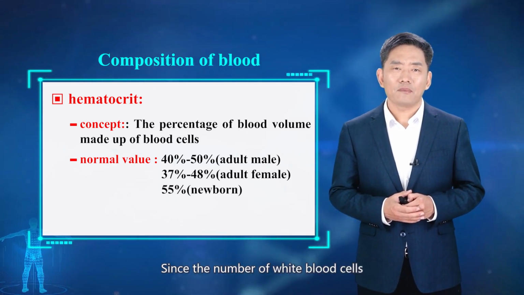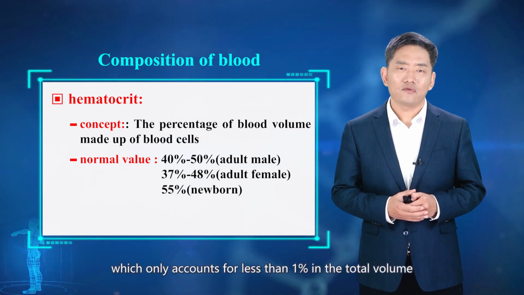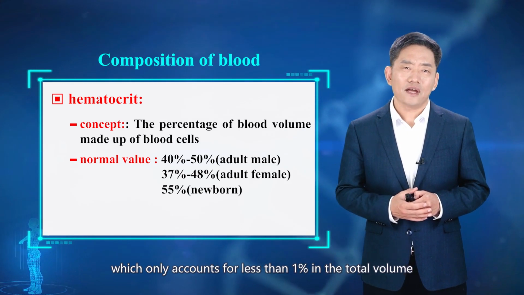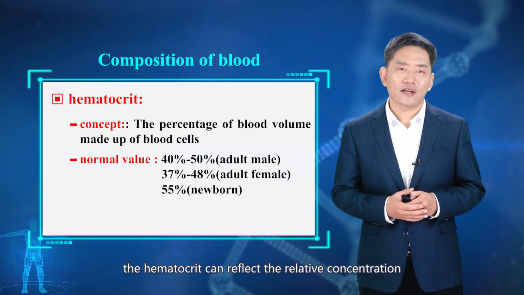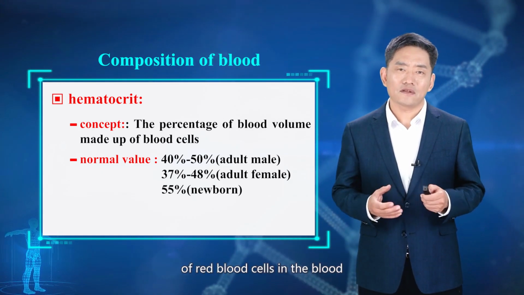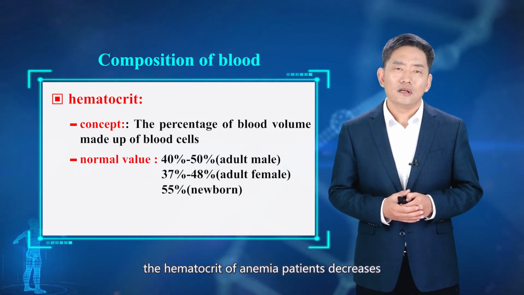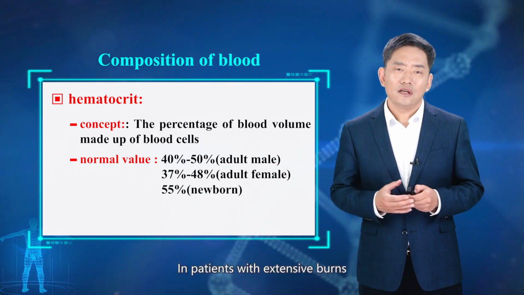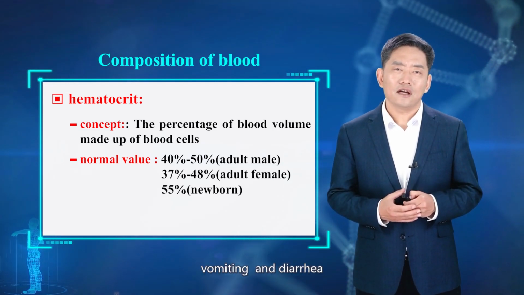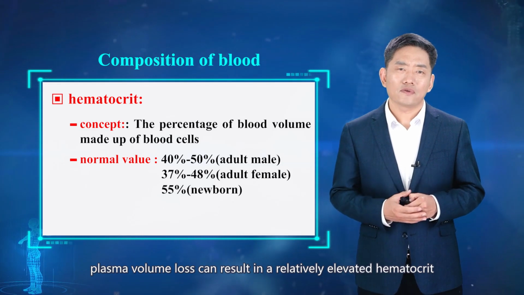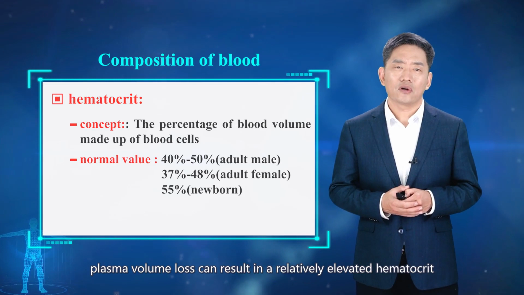Since the number of white blood cells and platelets in blood is very low, accounting for less than 1% of the total volume, the hematocrit can reflect the relative concentration of red blood cells in the blood. The hematocrit in an anemia patient decreases. In patients with extensive vomiting and diarrhea, plasma volume loss can result in a relatively elevated hematocrit.